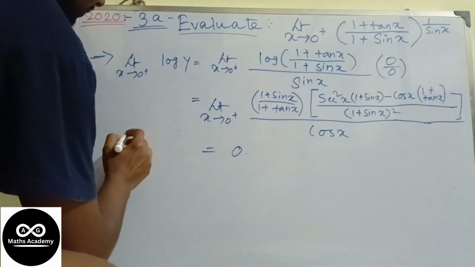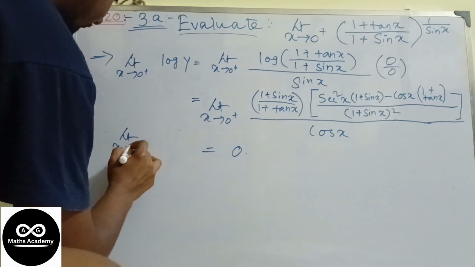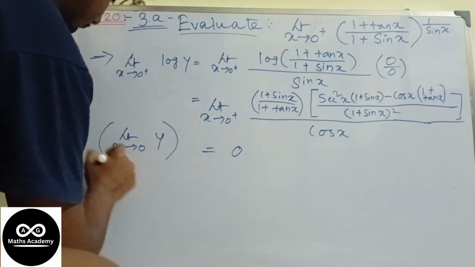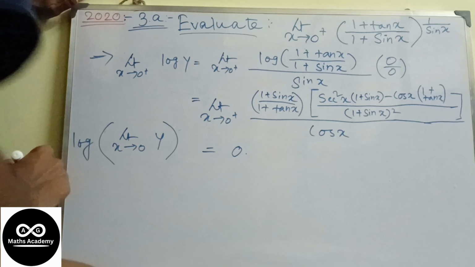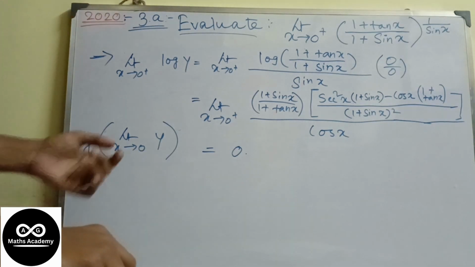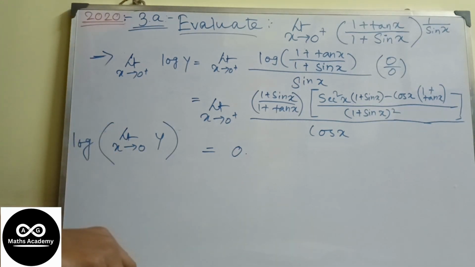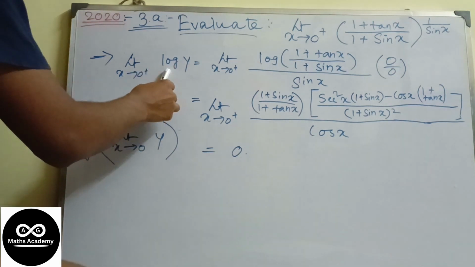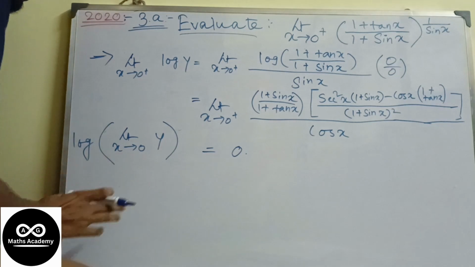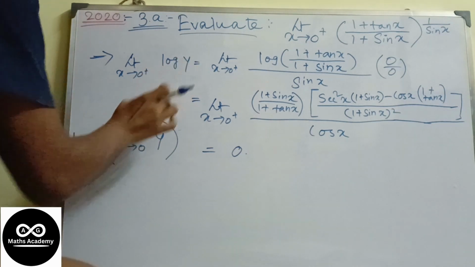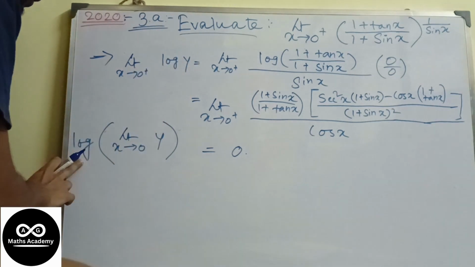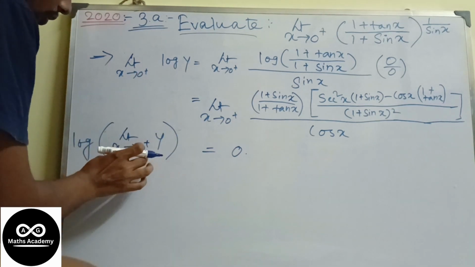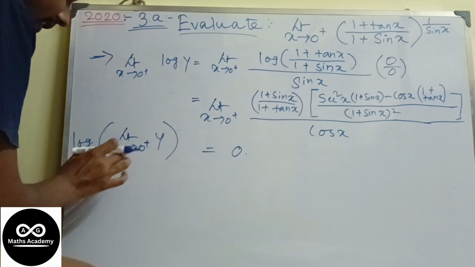Okay, so now what we get is limit of y and this. We take log outside of this limit, and it becomes limit x tends to 0, log outside.